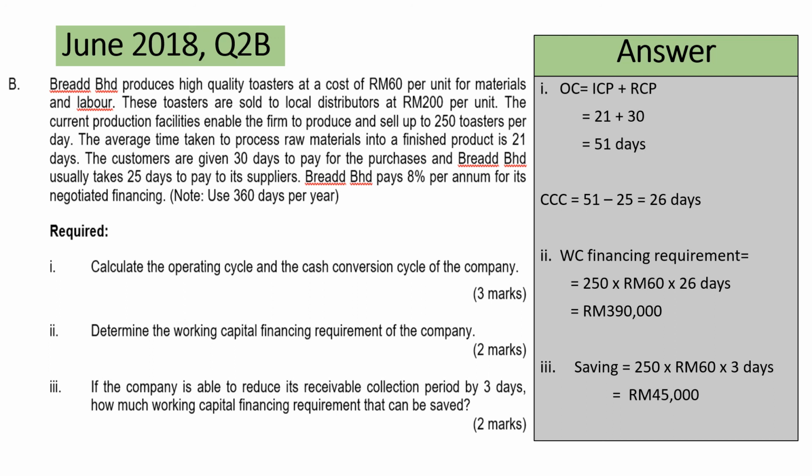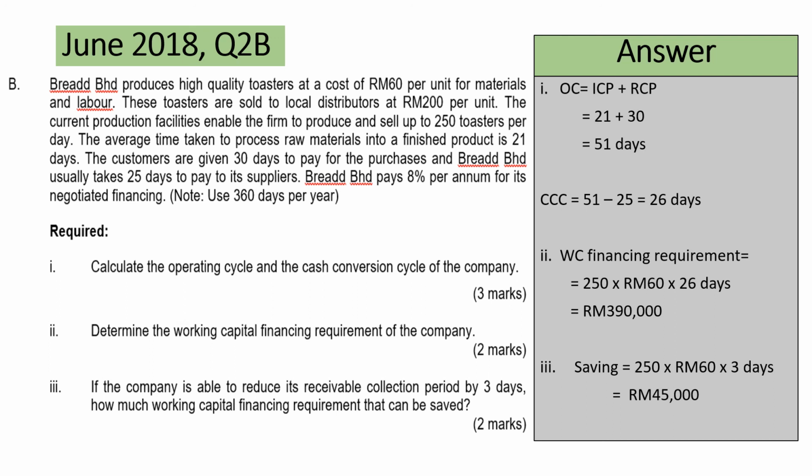And question number 3, if the company is able to reduce its receivables collection period by 3 days, how much working capital financing requirement can be saved? Then you just calculate the 3 days working capital financing.